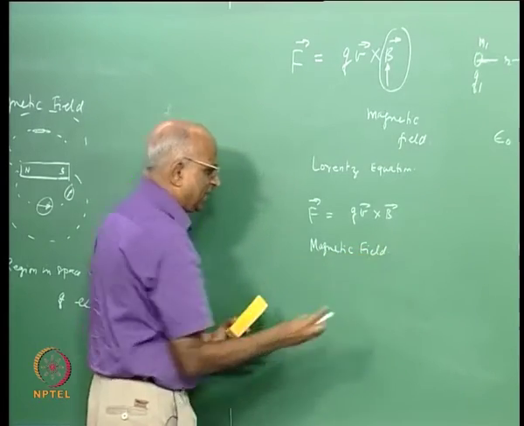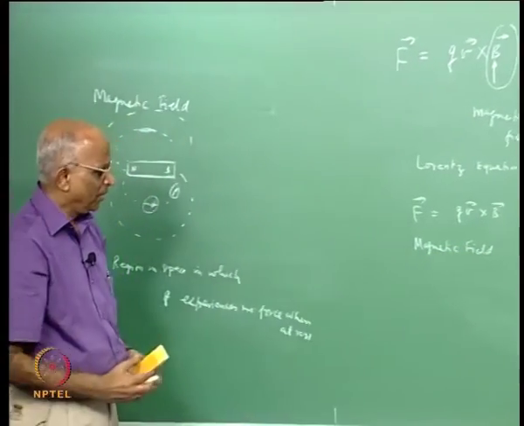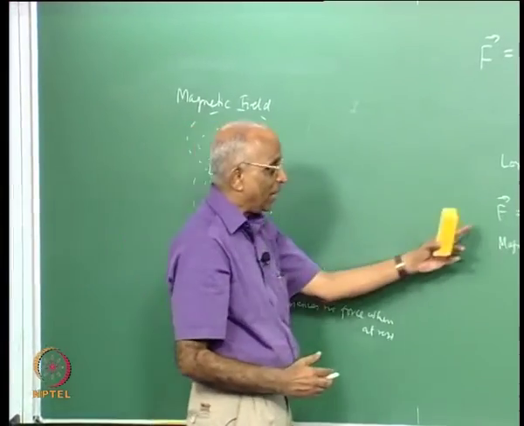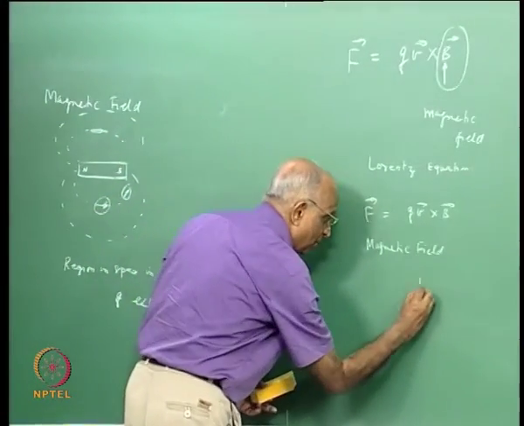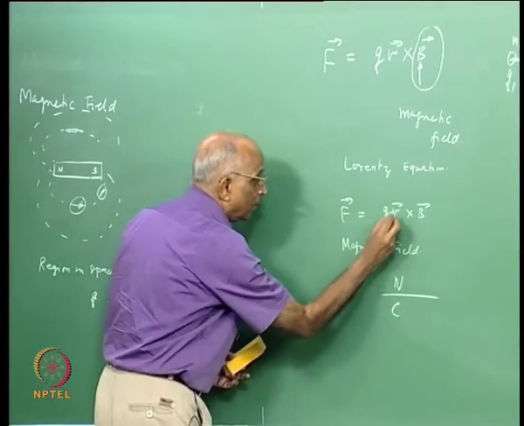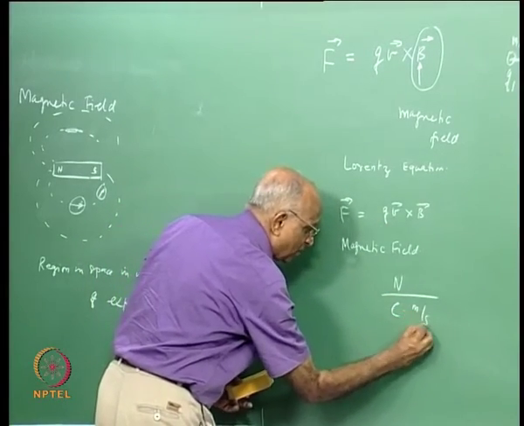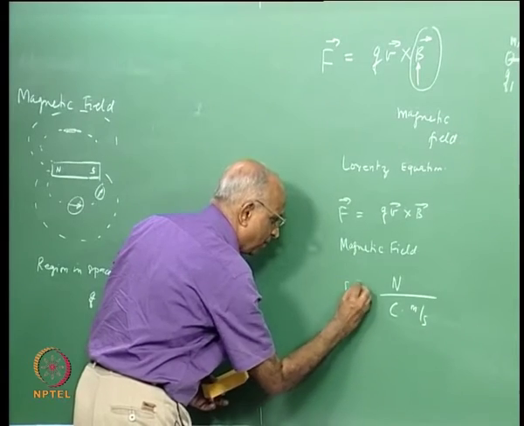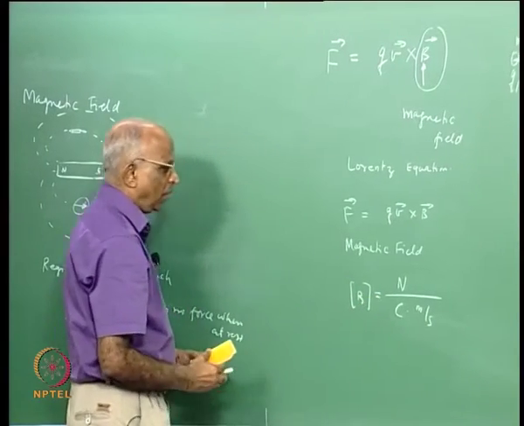How do you say the earth has so much magnetic field? Therefore, I have to now take the values. I say F is in Newton, Q is in Coulomb, velocity in meter per second, well, this must be the unit of B. How can I express it?